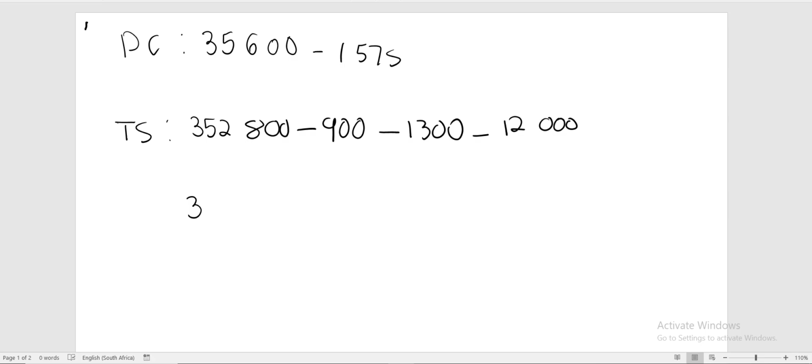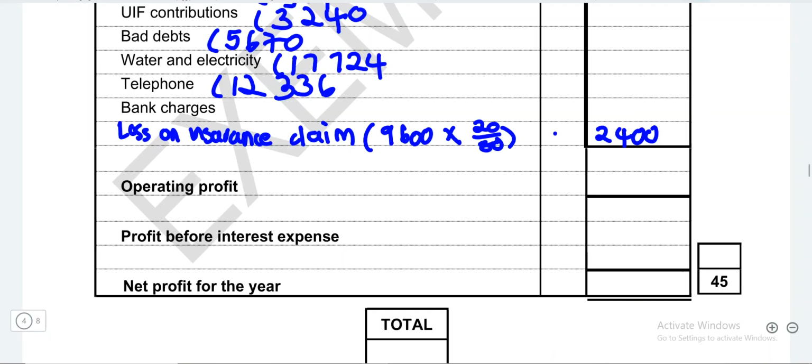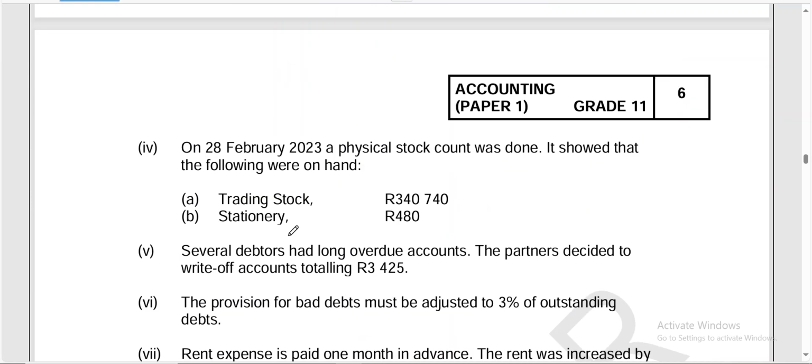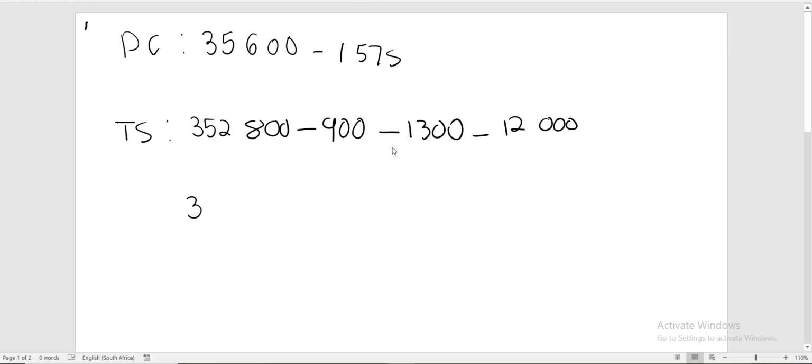So from there, we are going to check the next transaction. What does it say to us? The next transaction speaks now about the stock that is on hand. Now, in order for you to be able to do the trading stock deficit or surplus calculation correctly, I will advise that since you know that you don't have any other adjustment that will affect your records, you can close this off now, and then you compare to what they are going to tell you in the physical stock taking.